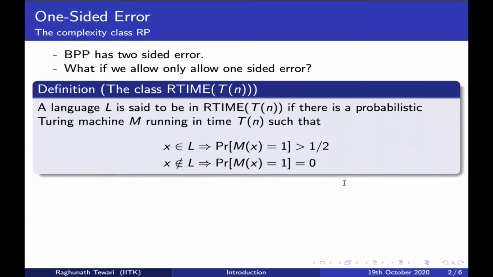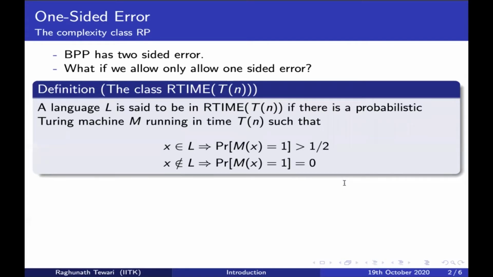A language L is said to be in RTIME T of n if there is a probabilistic Turing machine M running in time T of n such that if X belongs to L, then the probability that the machine accepts is greater than half. And if X does not belong to L, then the probability that the machine accepts is 0. Or in other words, the probability that the machine rejects is 1.